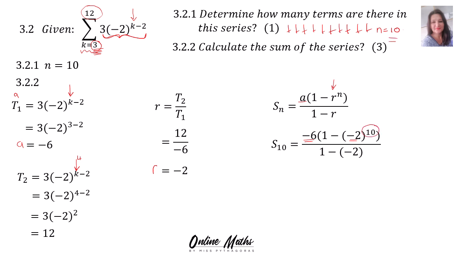And then there, let me show you, r is -2. Can you see how many brackets I used here? And then all of that in one go in your calculator. In other words, the sum of 10 terms for the series will be 2046.